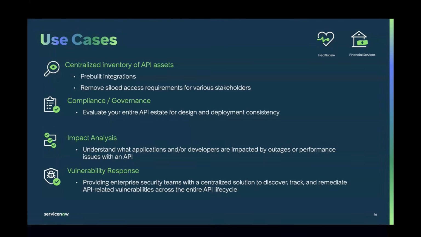With that, the second one around compliance and governance, really what customers are having to do a lot now is understand what data is flowing in and out of API requests, right? Is there personally identifiable information or health-related information in the requests and responses?